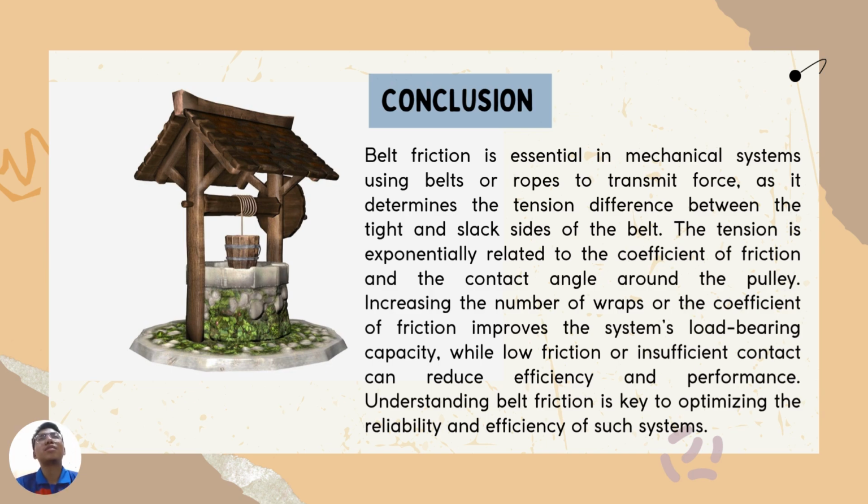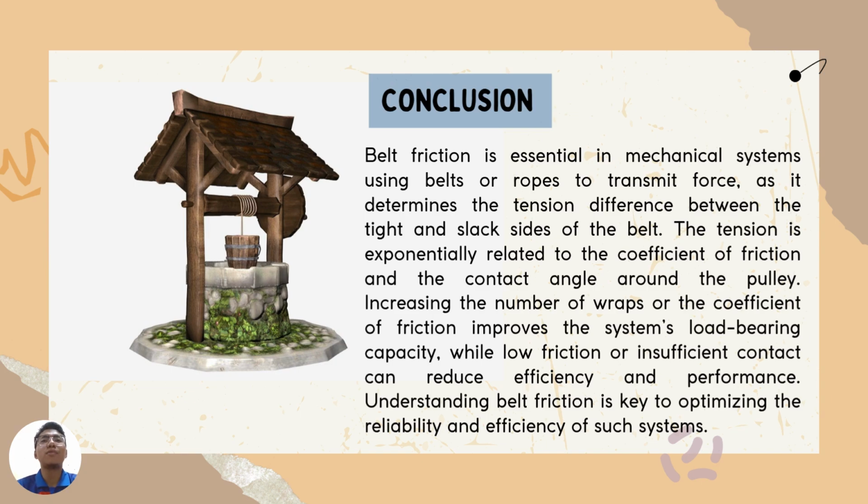The conclusion of this project is that belt friction is essential in mechanical systems using a belt or rope to transmit force. It determines the tension difference between the tight and slack side of the belt. The tension is exponentially related to the coefficient of friction and the contact angle around the pulley.